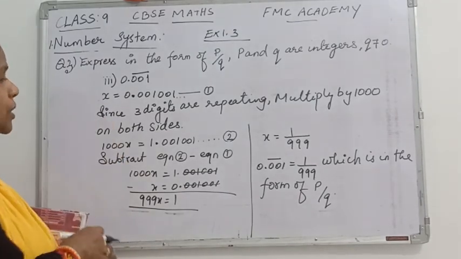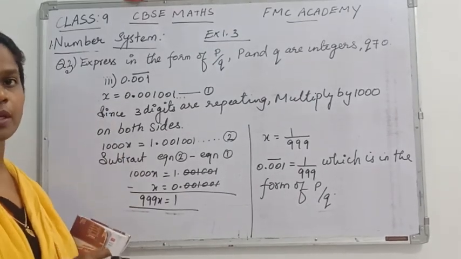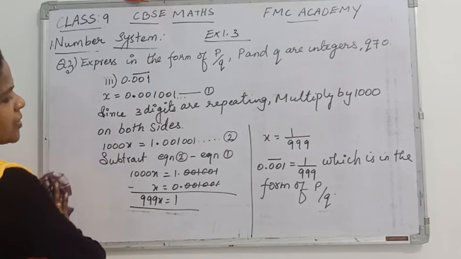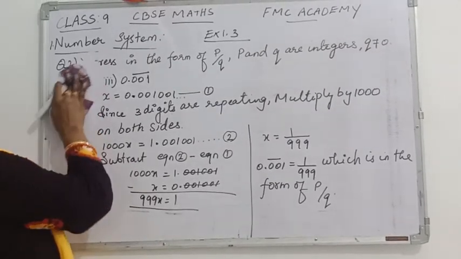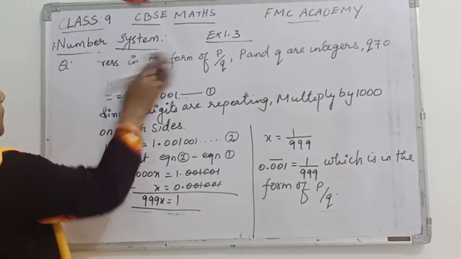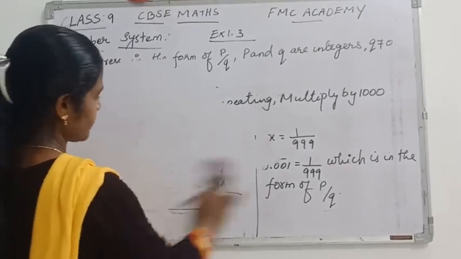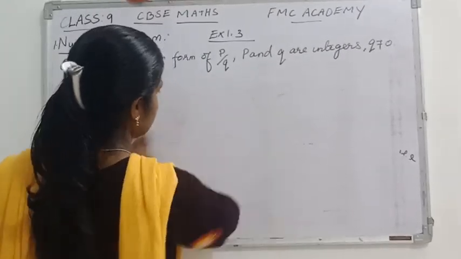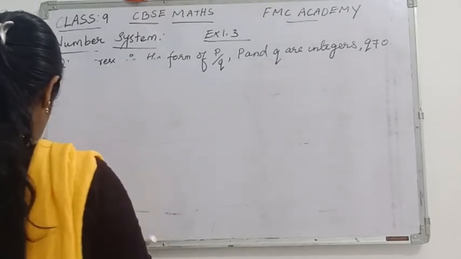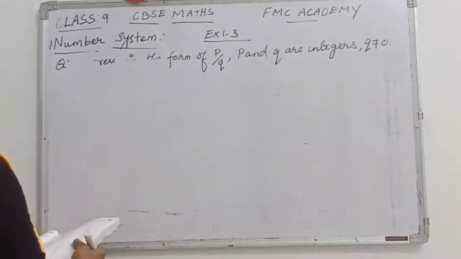Now the next is question number 4, which is a very interesting one. Let's move to that. Just note down the sum. Question number 4. Okay children, see question number 4, all of you see what is given.